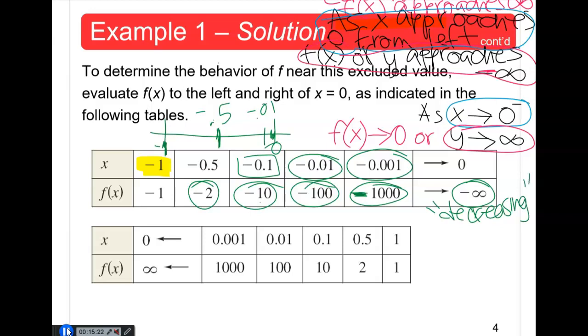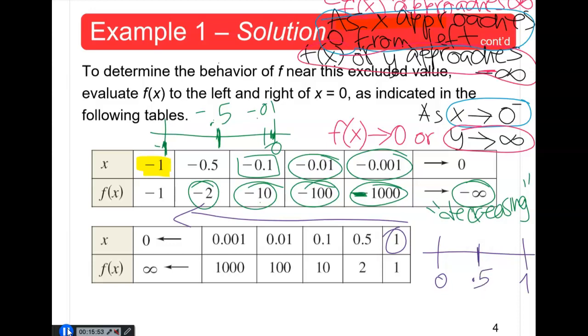Okay, now the second table. So we have here as the numbers approach 0 from the right side. So we have number 1, then if we do that on the number line again, so we have 1 here, here is 0. So we're approaching from the right.